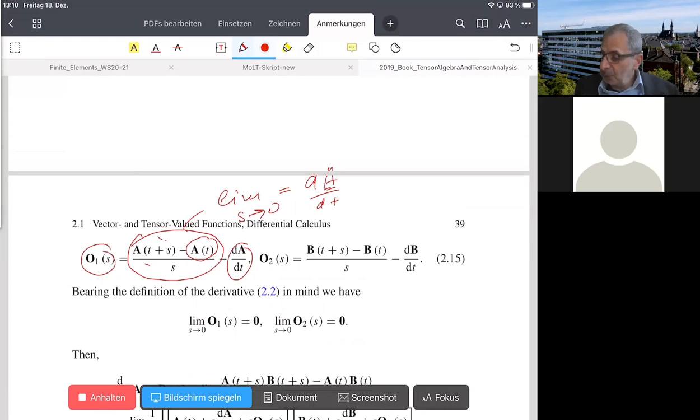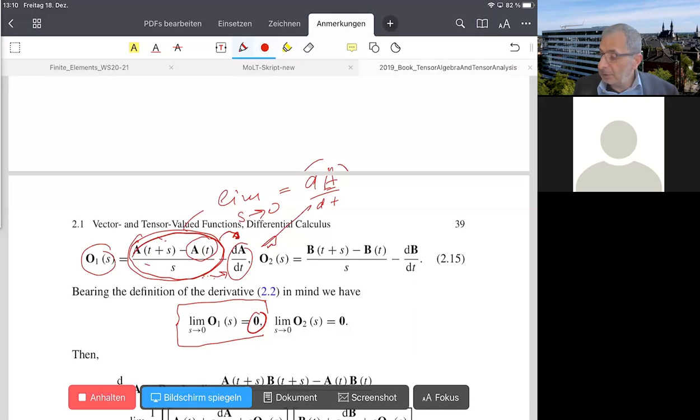Then the limit of this new function O1 at s tending to 0 is the zero tensor, because the left term will tend to the right term in this difference, and that means the whole function O1 will tend to 0.